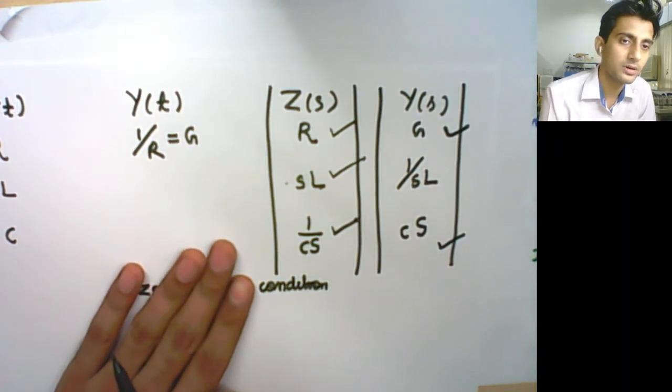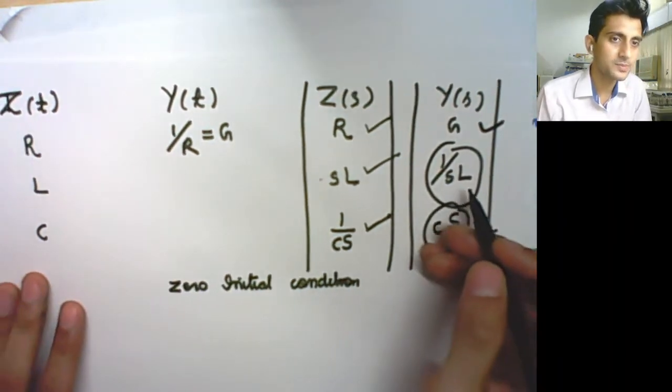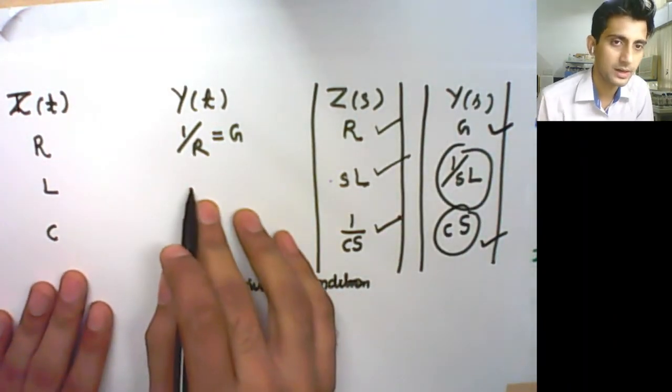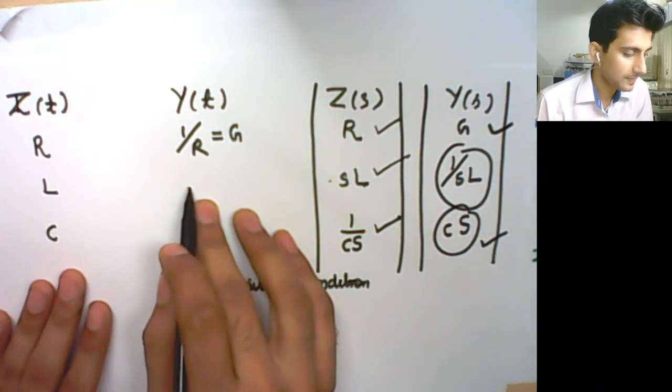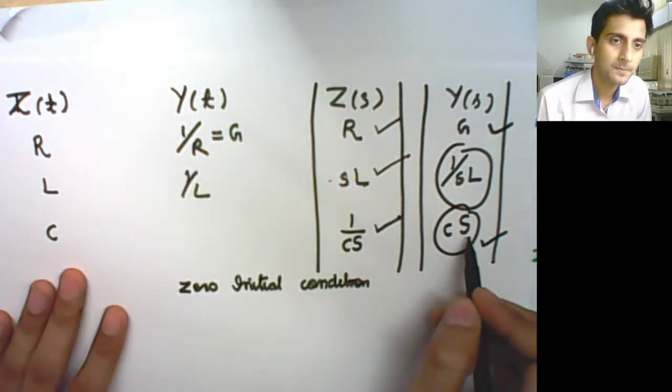This is how you will go. Fine. So if this is equals to 1 upon LS, this is equals to 1 upon CS, what do you expect from it to be coming over here? Tell me. 1 over L, so it would be 1 over L and this would be 1 over C.